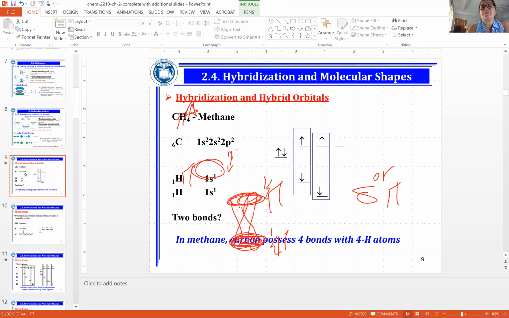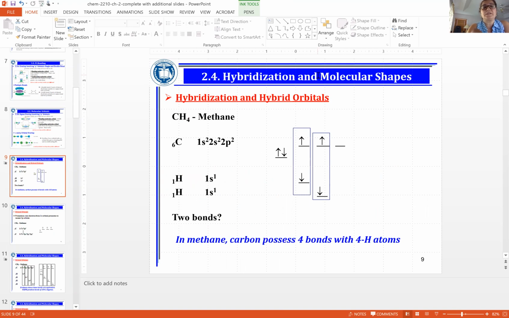So if we have a CC double bond, this is going to be 1 sigma and 1 pi bond. If you have a CC single bond, it is going to be 1 sigma bond. If you have a CC triple bond, it is going to be 1 sigma and 2 pi bonds.